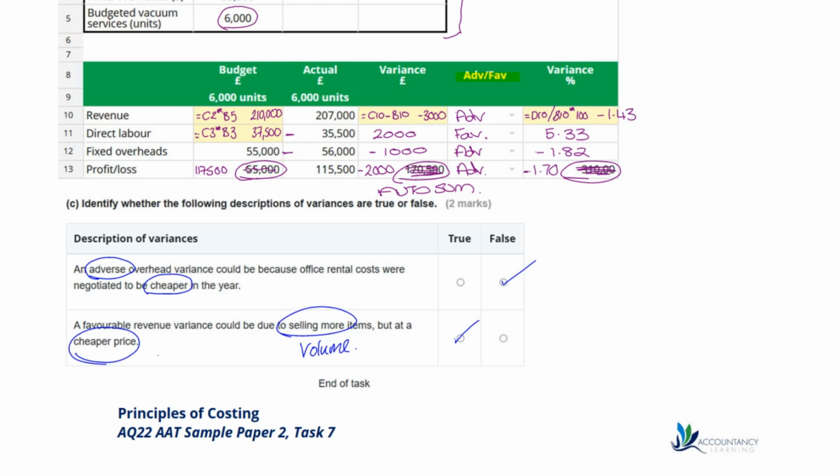They will want more. Perhaps they were put off buying it at £10, and more people will then buy at cheaper rates because there would be a higher demand. So a favourable revenue variance could be because there's more items being sold at a cheaper price.